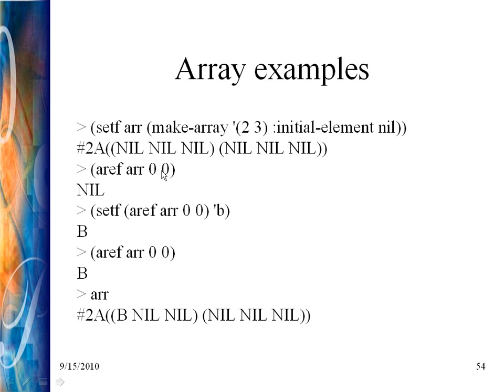Indexes are 0-based. Unsurprisingly, this element here, 0, 0, the first row, the first column, has the value nil. You can use setf to set the value, and here we're setting it to the symbol B, and now here's what the array looks like with B there.